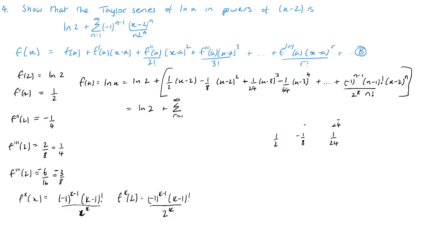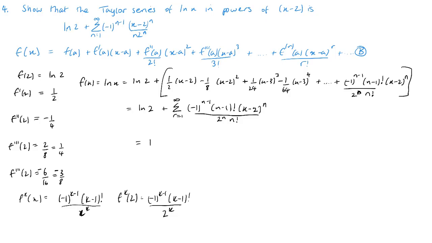So I would perhaps have this working out on the side, but this now is going to be the sum of minus 1 to the n minus 1, n minus 1 factorial, x minus 2 to the power n, all over 2 to the power n, n factorial.